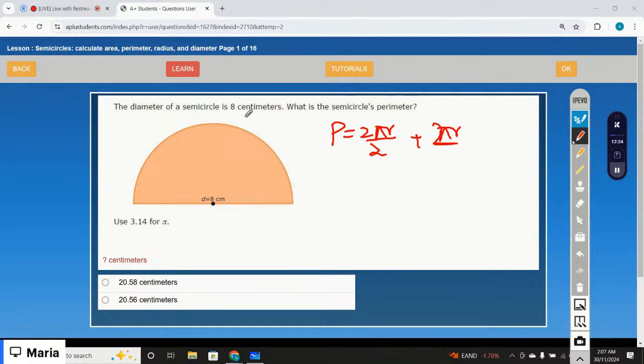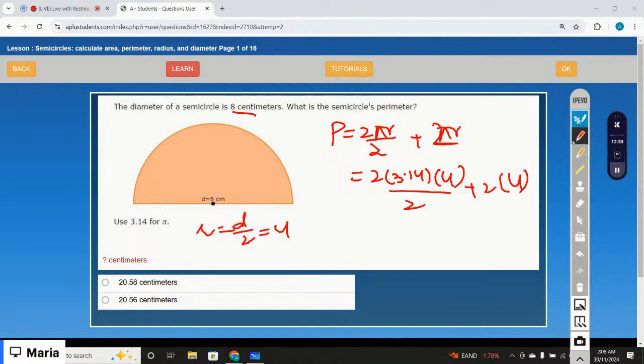You are given the diameter, that is 8 centimeters. So radius equals diameter divided by 2, that is 4. So 2 times 3.14 times 4 divided by 2 plus 2 times 4. So that is 8.